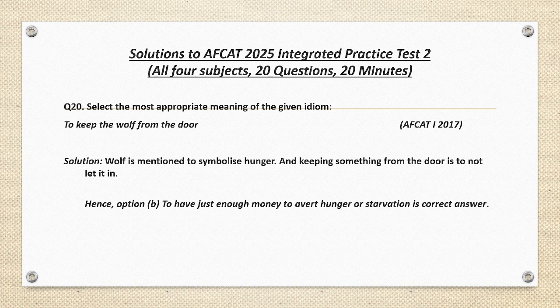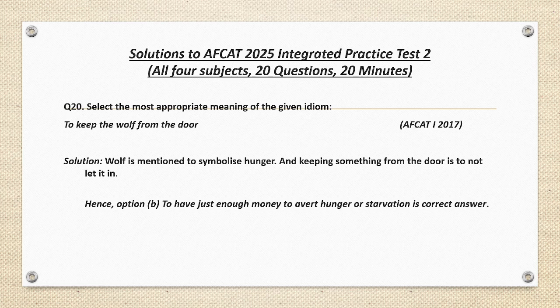Next question. Select the most appropriate meaning of the given idiom: to keep the wolf from the door. Now here, a wolf is a dangerous animal. Given a chance, it will attack us and eat us. So here the wolf is symbolically mentioned for hunger.